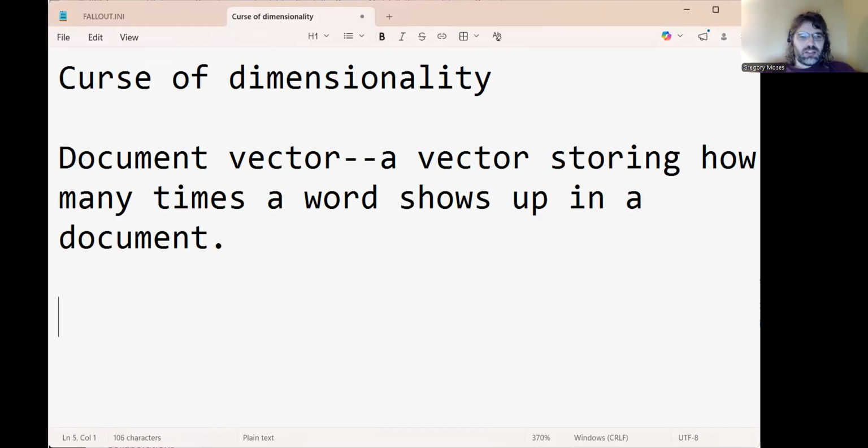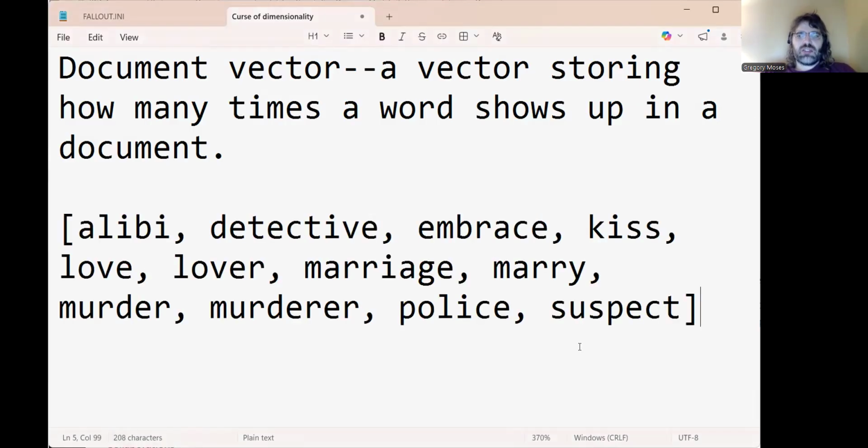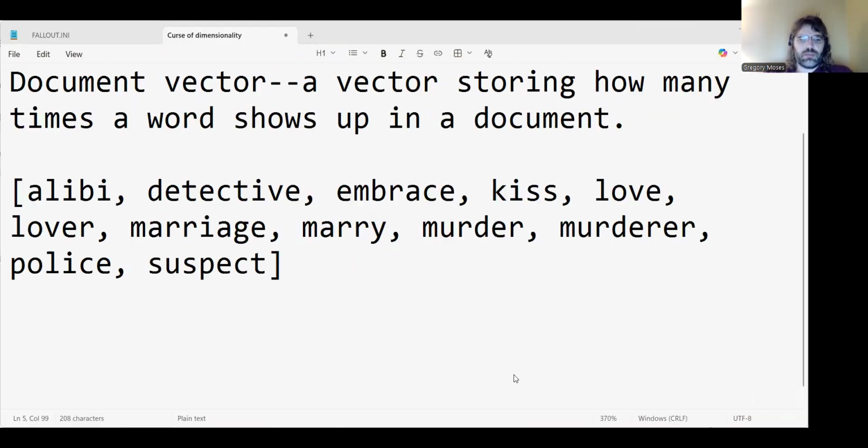And let us play a game. Let's take two real books, and let's count the number of times these words show up in them. All right.